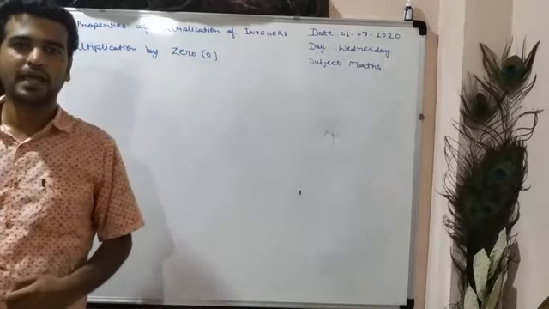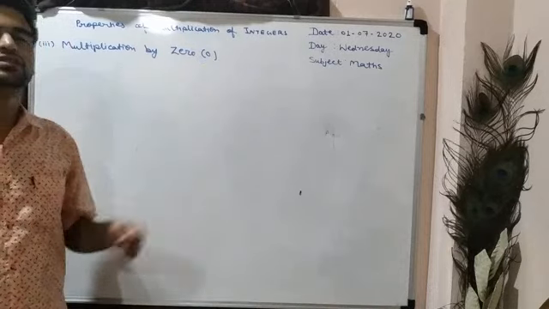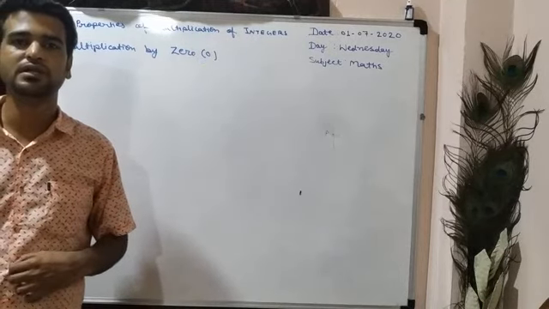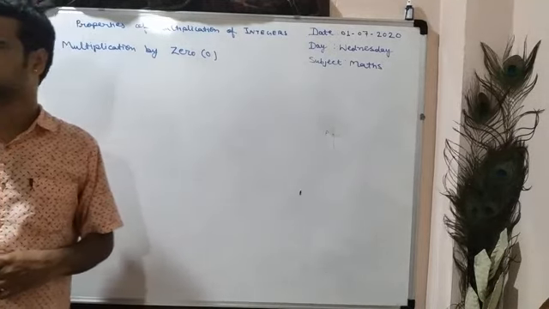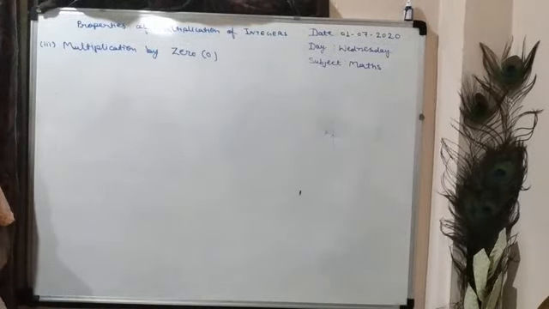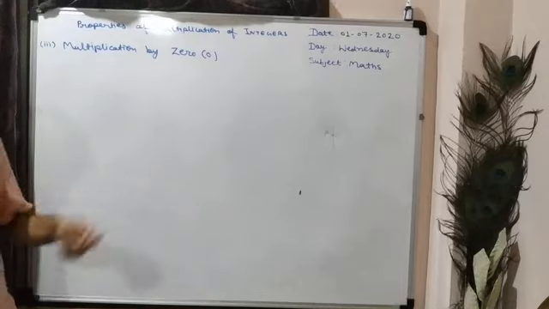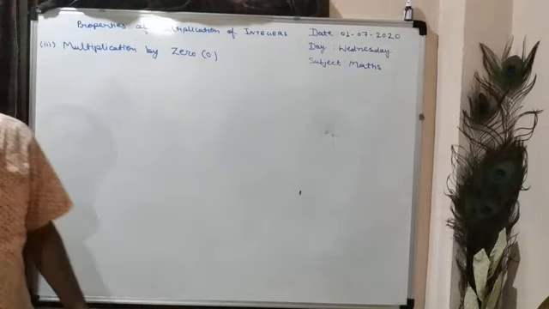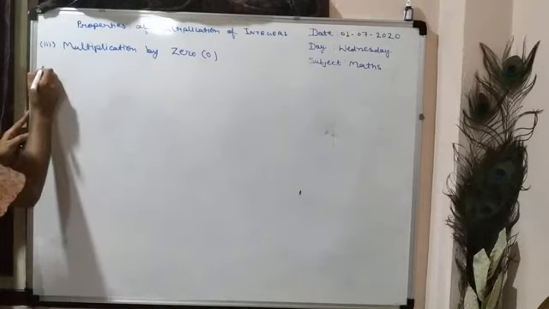When we multiply any integer with 0, we will get 0 as a result. When we multiply any integer by 0, it gives 0.